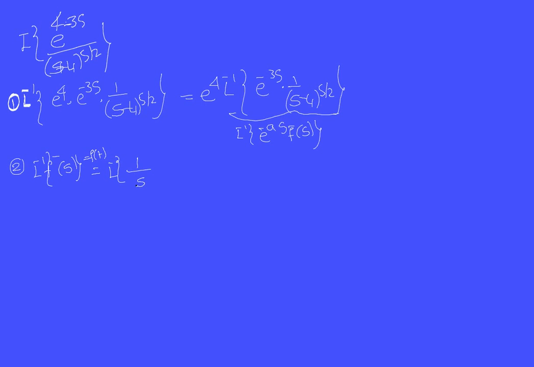Here f bar of s is equal to 1 by (s minus 4) whole power 5 by 2, which is equal to e power 4t into 1 by s power 5 by 2, which is equal to e power 4t into t power 3 by 2 by 3 by 2 factorial.